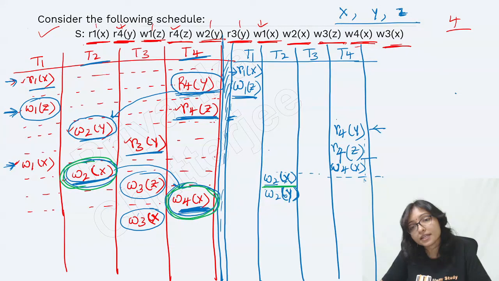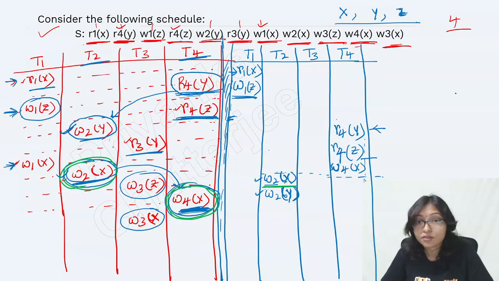T4 completes the task here, then T2 is starting. What is the remaining operation for T2? See that these 2 operations I completed here without violating any rule. Yes, I did not violate any rule. Now I have to think about x. For the x, I maintain everything. Here read, then write, then this one write.